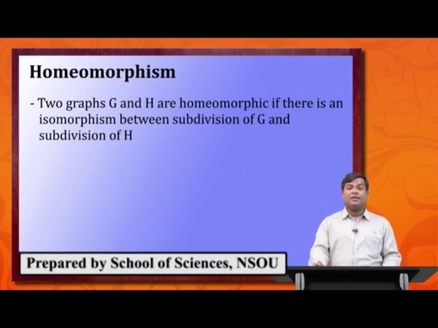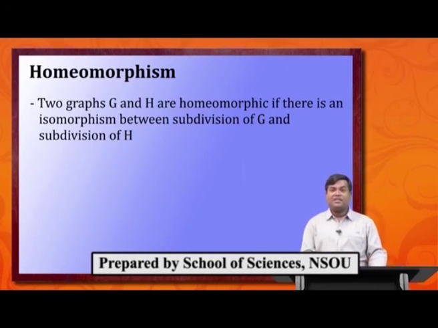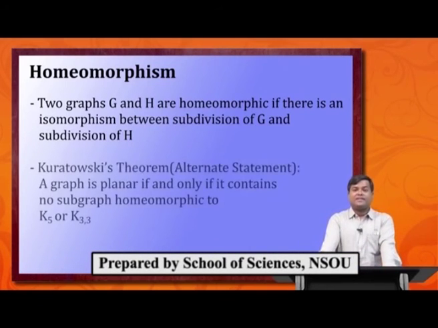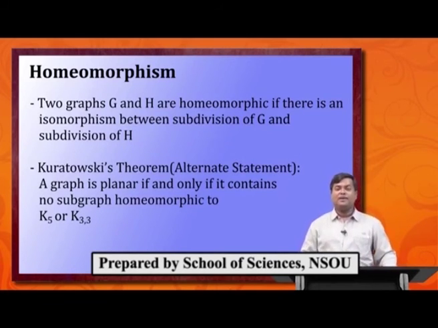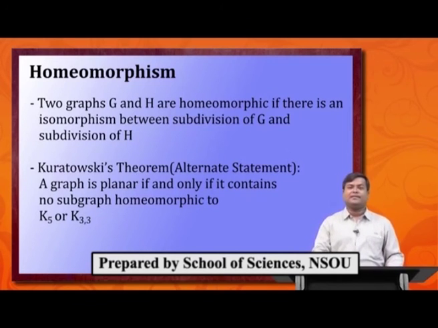Based on this definition, we can state Kuratowski's theorem in an alternative way. A graph is planar if and only if it contains no subgraph homeomorphic to K5 or K33.